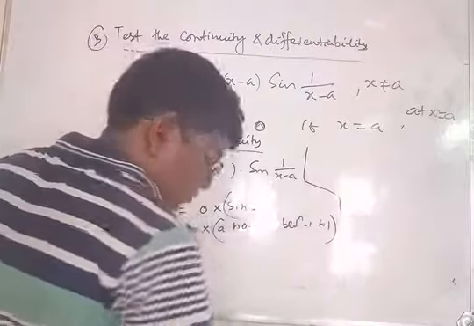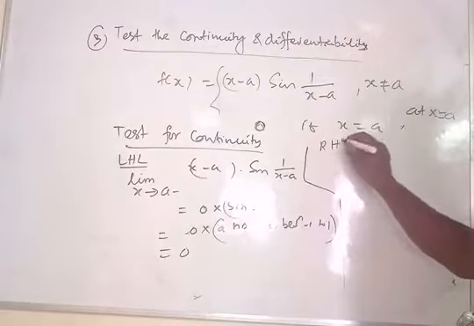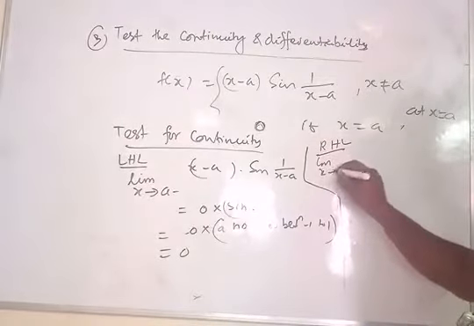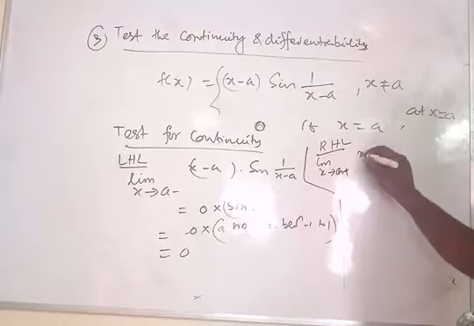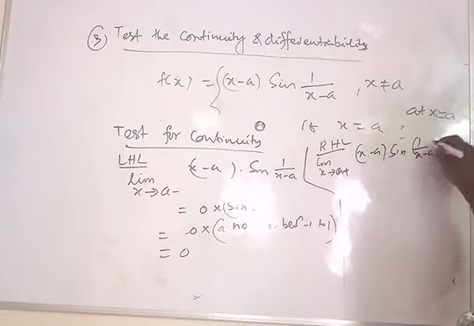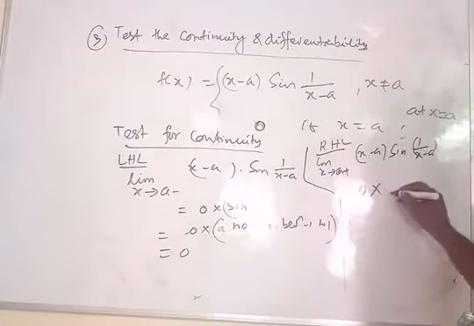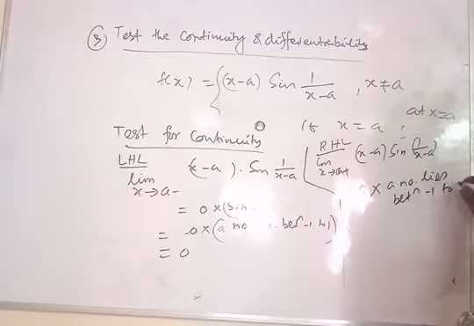Similarly, RHL is equal to limit x tends to a plus of x minus a into sin 1 by x minus a. This is equal to 0 into a number lying between minus 1 and plus 1.